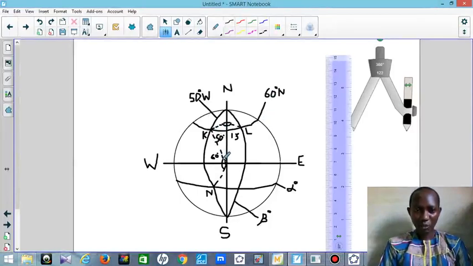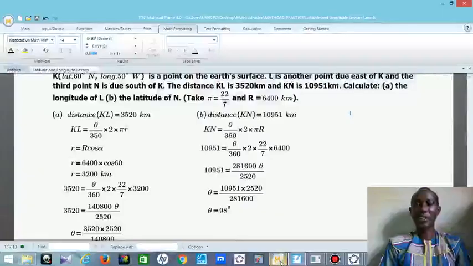Now we are talking of the full angle between both of them, and we are getting 98. That means N is truly on the south side here, which is what we call alpha. So 98 minus 60 will give us the remaining angle. So we are in order.